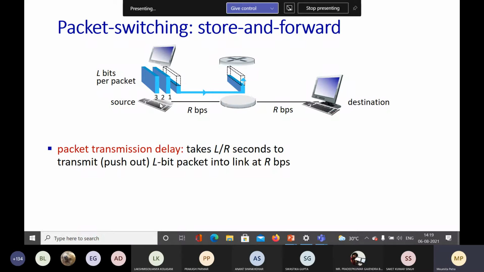So from your source system, if you want to send the packet over the link, the delay that will be taken is L by R seconds. Just to put the data, you can imagine you are putting the chunk of the file onto the wire, if it's a wired connection, of course.